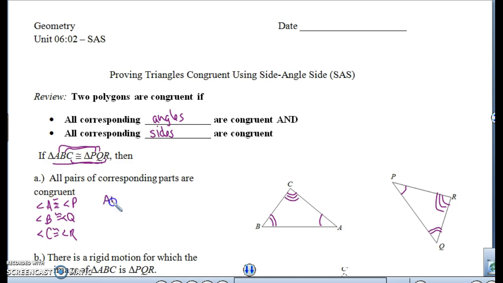If we say side AB, that should be congruent to side PQ. So here's AB, here's PQ. If we do side BC, BC is here, will be congruent to QR, which is over here.